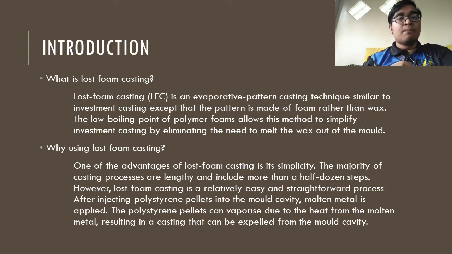After injecting polystyrene pellets into the mold cavities, molten metal is applied. The polystyrene pellets vaporize due to the heat from the molten metal, resulting in a casting that can be removed from the mold cavity.